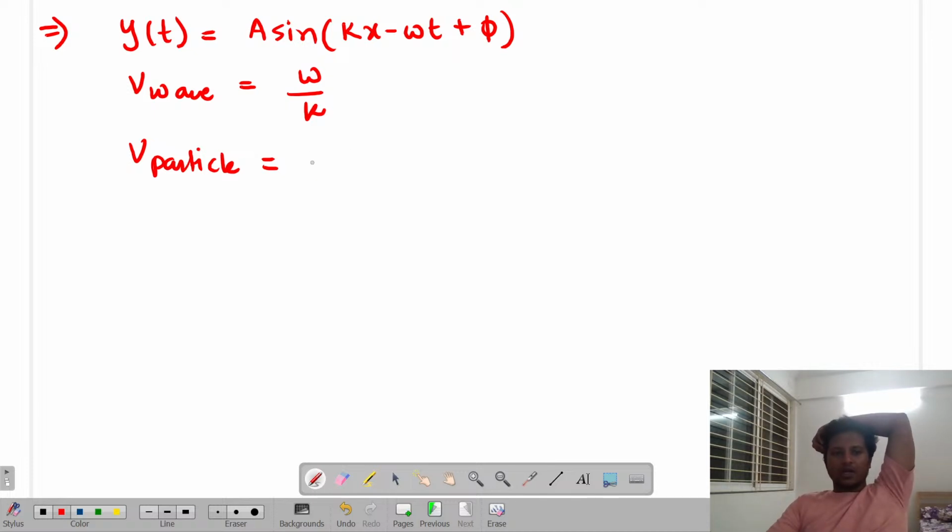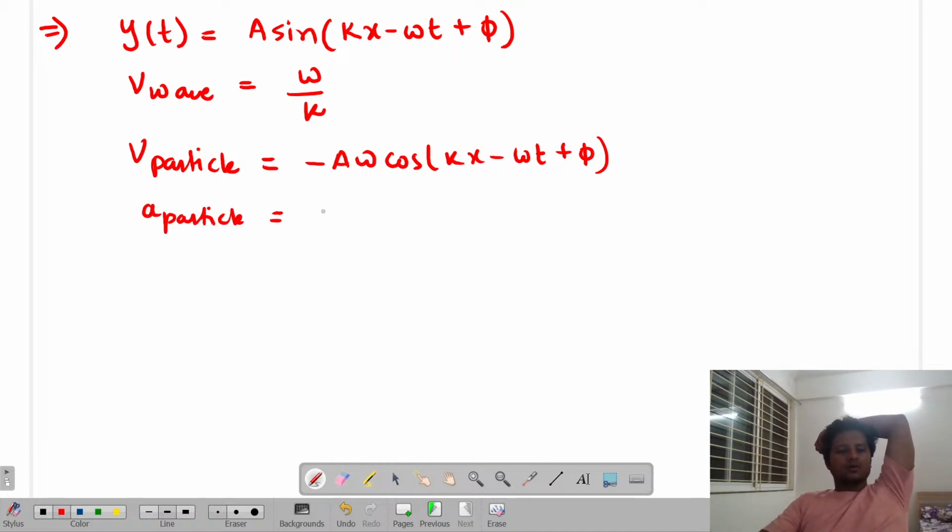Now the velocity of the particle is given as minus a omega cos(kx - omega t + phi). The acceleration of the particle becomes positive at this time now: a omega square sin(kx - omega t + phi).